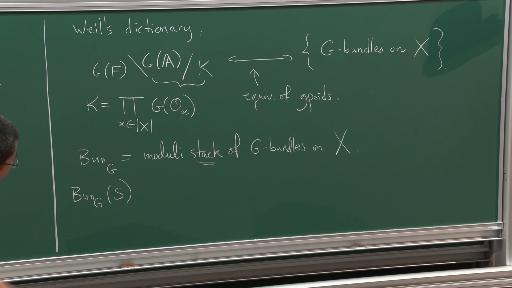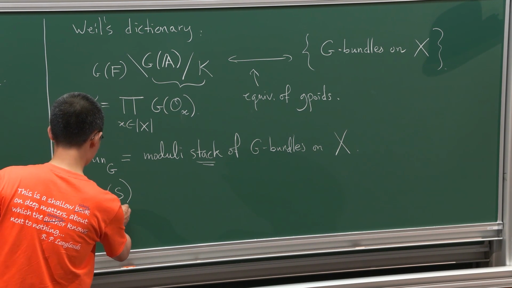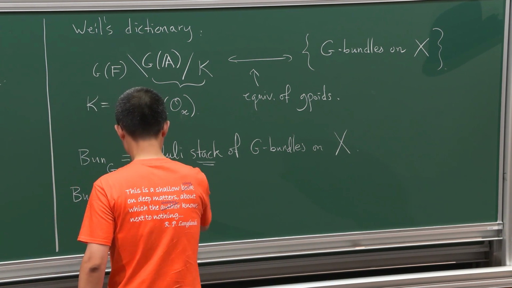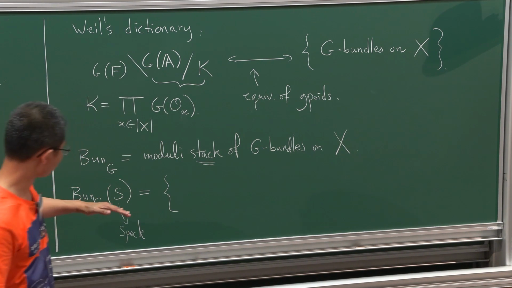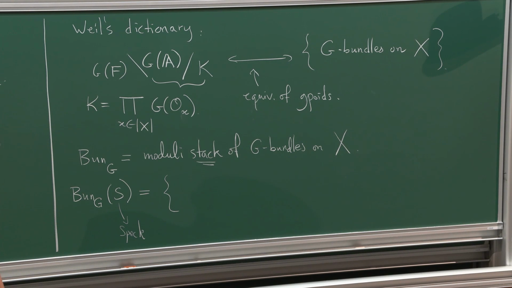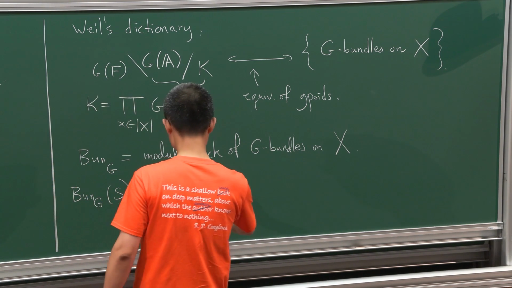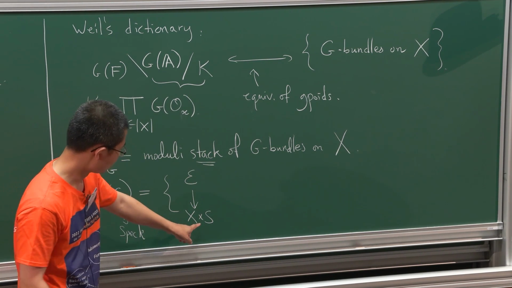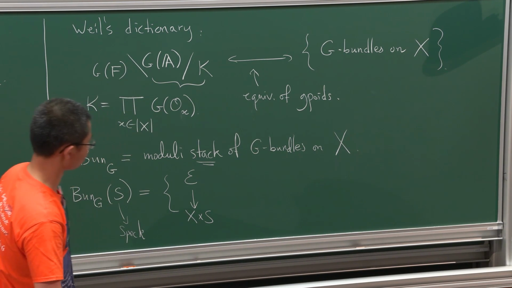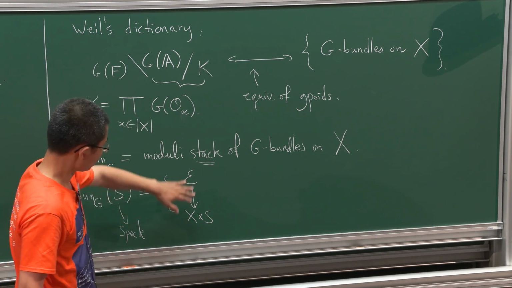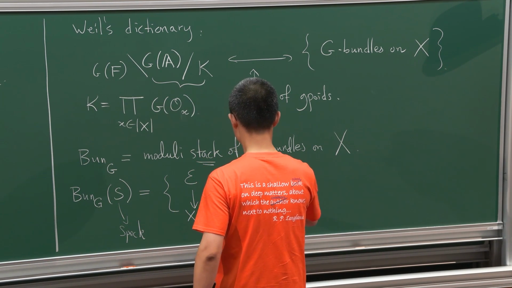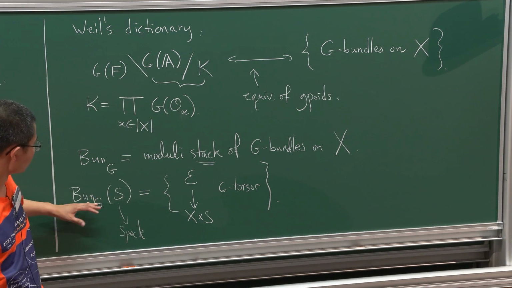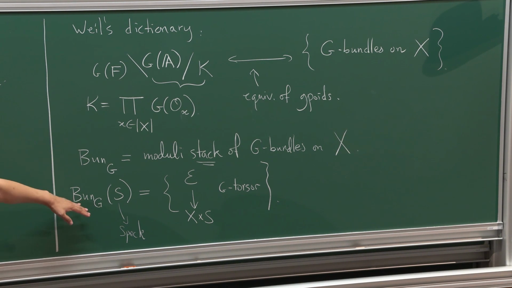So I take a test scheme S. All the schemes in this talk are over F_q. Then the output will be an S-family of G-bundles on X. More precisely, an S-family of G-bundles is just a G-bundle on the product X times S over F_q. I will not write down fiber product over F_q. So it's a G-torsor over the product, and again viewed as a groupoid. So this is the functor of points defined by Bun_G.